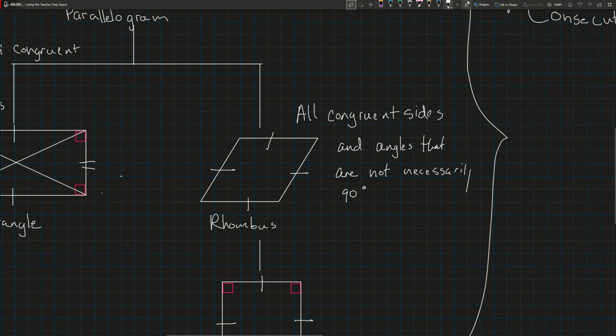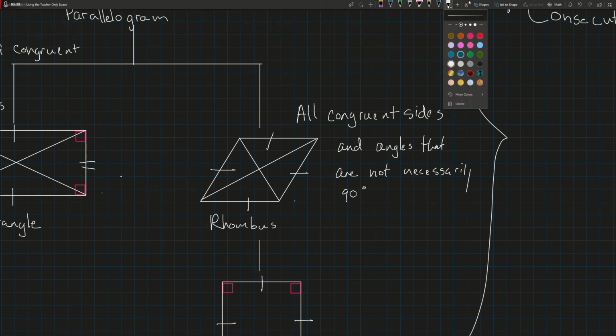So we look at the rhombus. This one is different because the diagonals actually meet at a 90-degree angle. So this is 90 degrees, this is 90 degrees, this is 90 degrees. So we know that this is D1, and this is D2. So we know that D1 is perpendicular to D2.